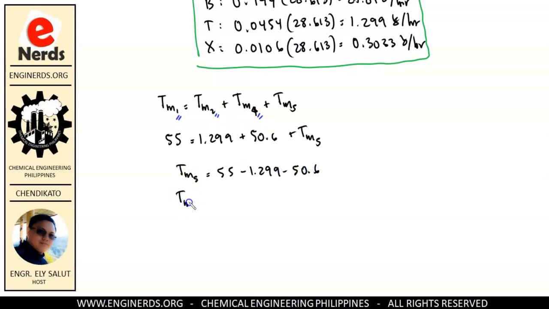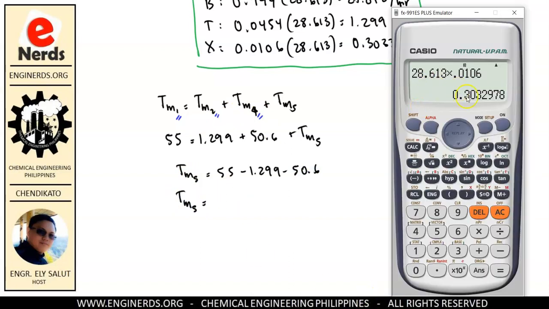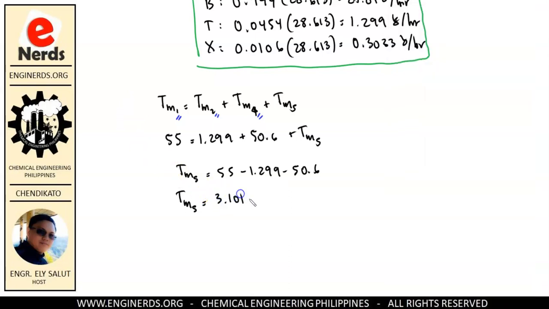So, our toluene in M5 is equal to 55 minus 1.299 minus 50.6. Okay, so this is equal to 3.101 kilogram per hour.